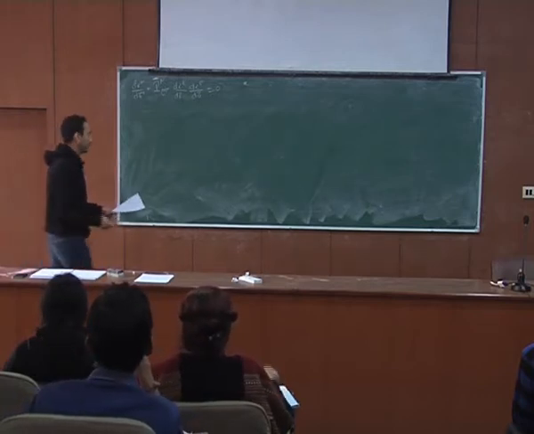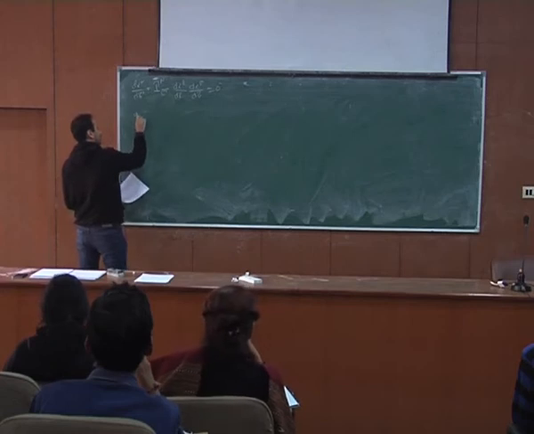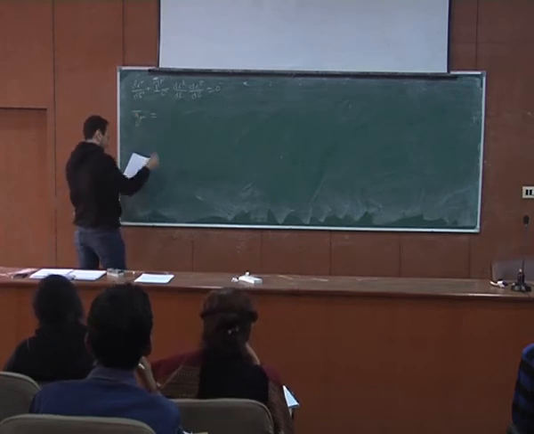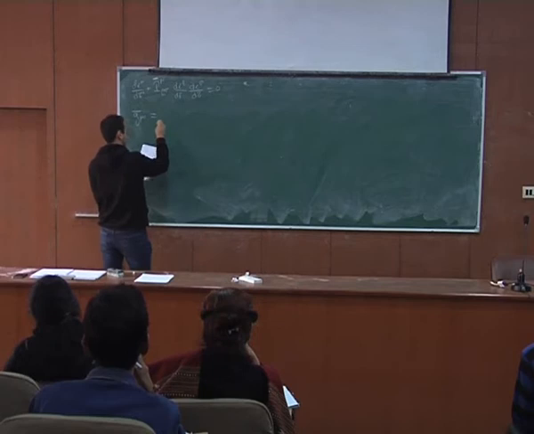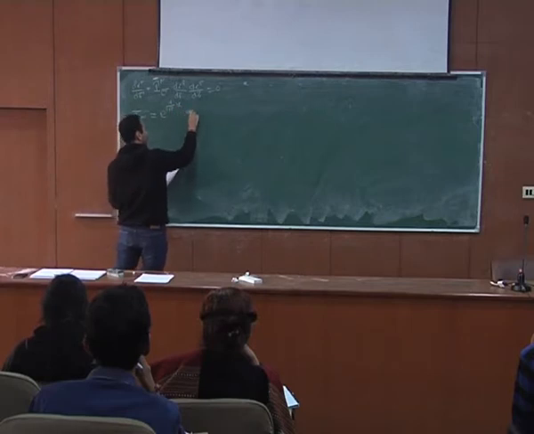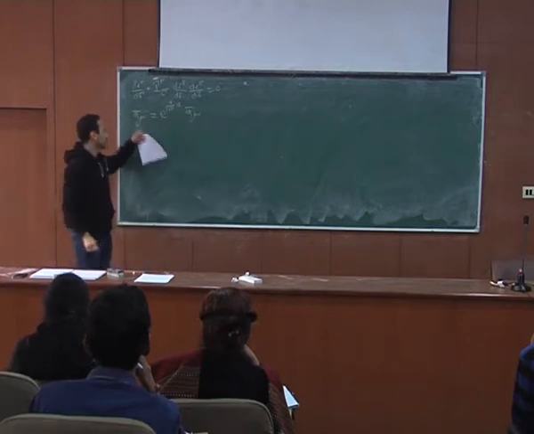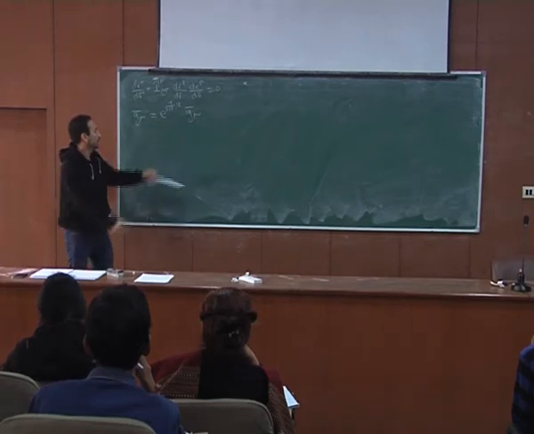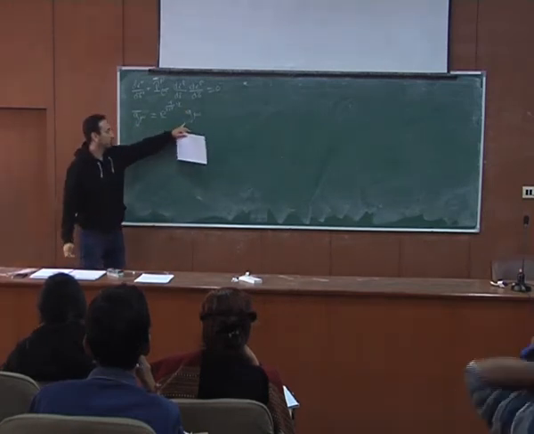So we already did all the calculations. We have written that g bar mu nu is equal to some exponential of 1 over 2 square root of 3 psi times g mu nu. Remember that g bar mu nu was omega times g mu nu.